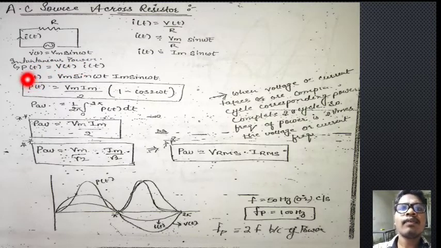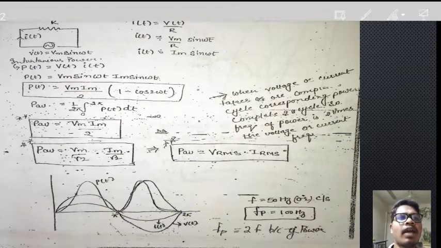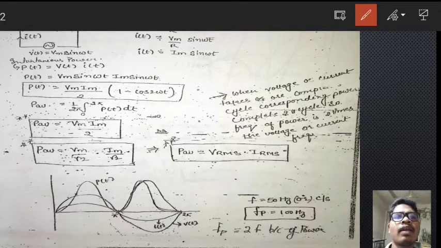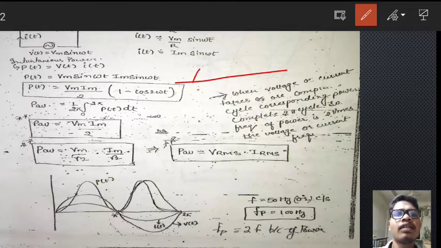So for instantaneous power, that means at any particular instant of time, what is the value of power? Let's see, this is the voltage signal, and this is another signal, the current signal.